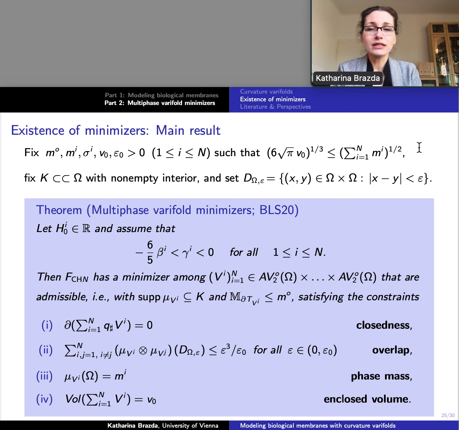Then, if the bending rigidities satisfy this inequality here, and admissible varifolds are such that they have compact support in K and bounded mass of the boundary of the current associated to the varifold, then the multiphase energy FCHN possesses a minimizer satisfying all the required constraints.